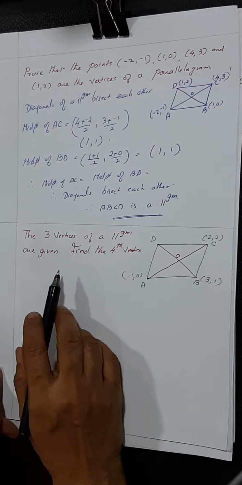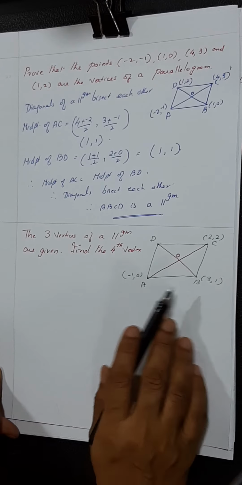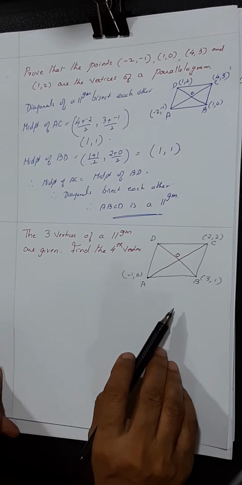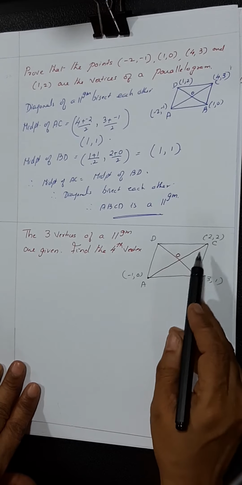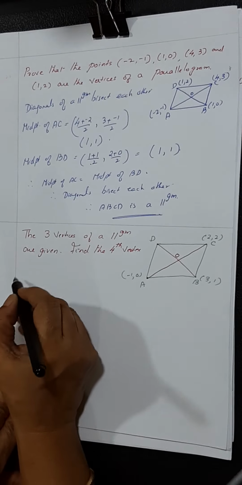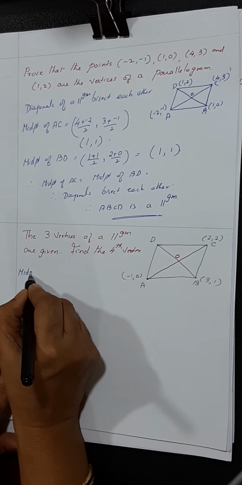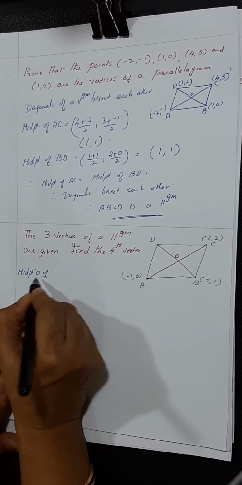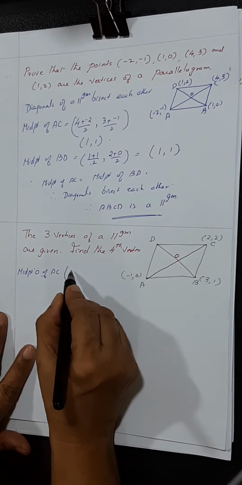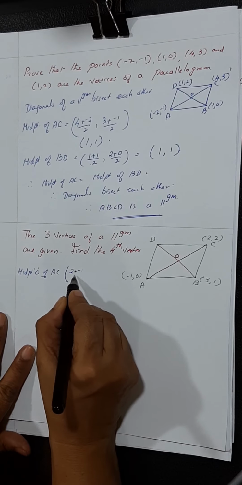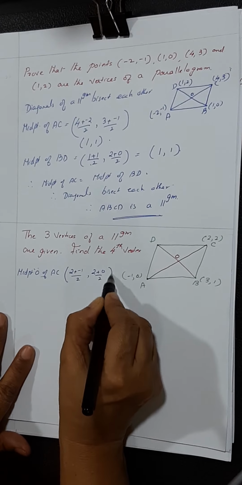Now, here 3 vertices of a parallelogram are given. You have to find the 4th vertex. So, for this we will find O using the coordinates A and C. So, for the midpoint O of line AC, that will be 2 plus minus 1 by 2 and 2 plus 0 by 2.